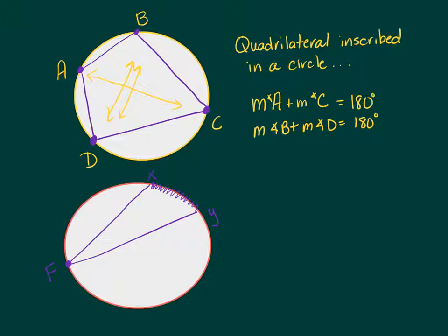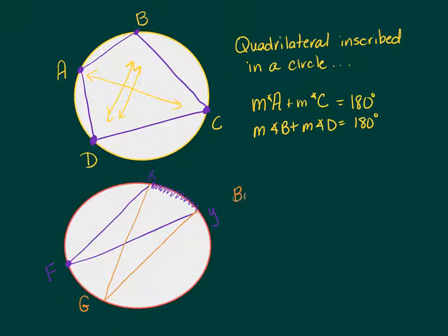Okay, when I've got that situation, I need to change colors, don't I? That's not showing up really well. When I've got that situation, I might have another angle in that same circle that intercepts that same arc. So I could have an angle G down here.